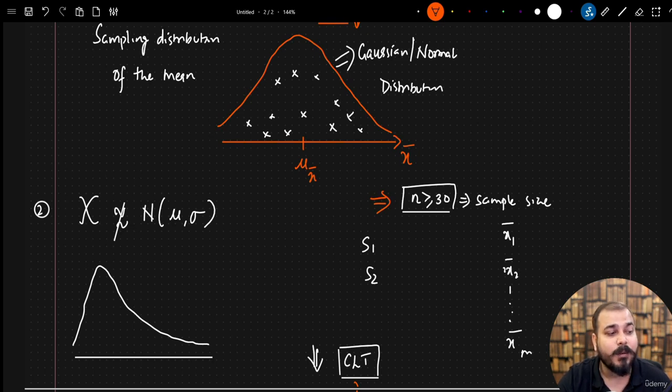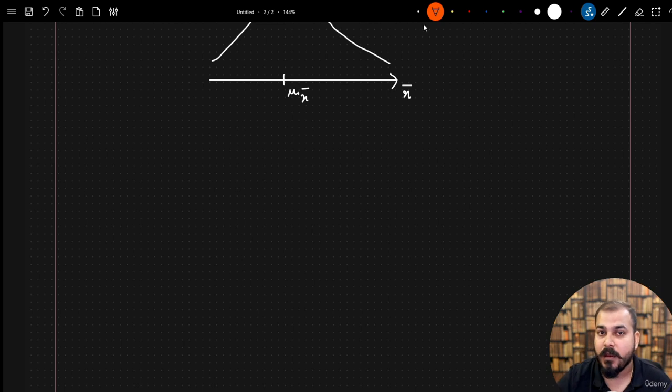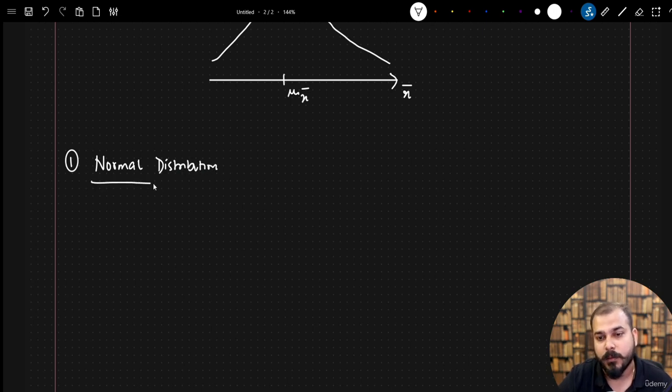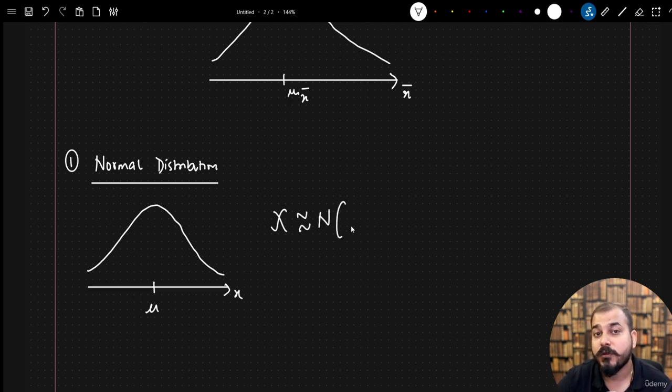Now the other thing that we can come out with is also very important. First, let's say I have a normal distribution of the population, right? Whenever I have this, I will get this kind of bell curve. This will be my x and this will be my mean. In this scenario, my random variable will belong to a normal distribution with some mean and standard deviation.